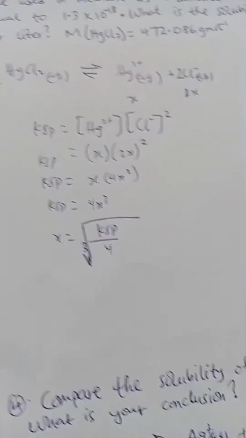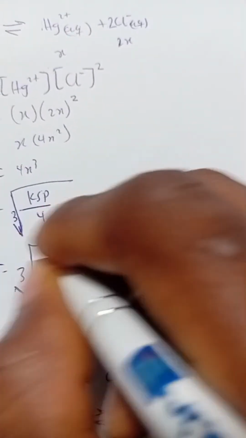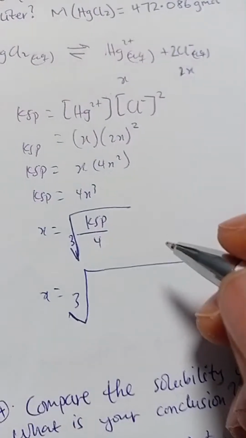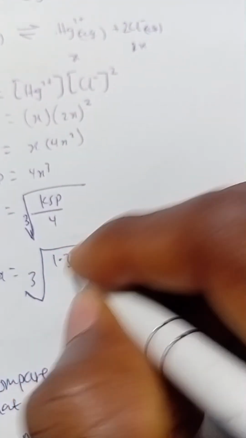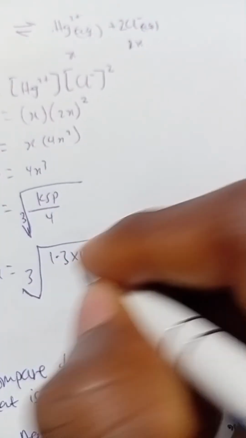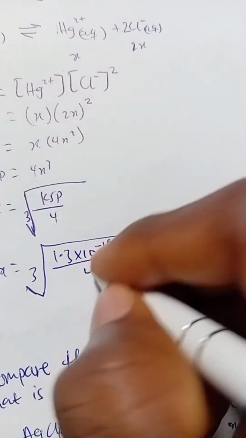So let's make x the subject, dividing through by 4 and taking cubic roots of both sides. We get this. So we can easily get our solubility. We know that the KSP was given as 1.3 by 10 to the power minus 18, all over 4.